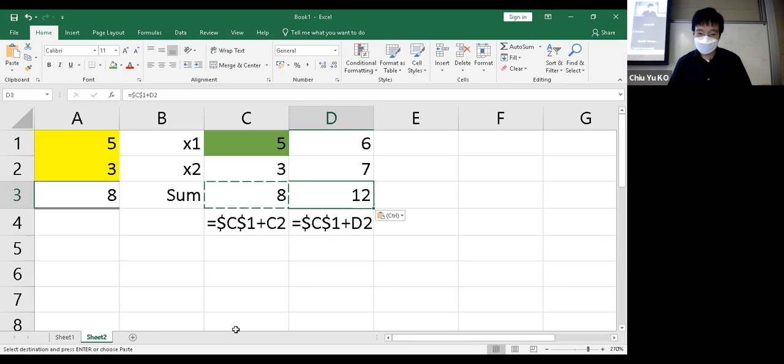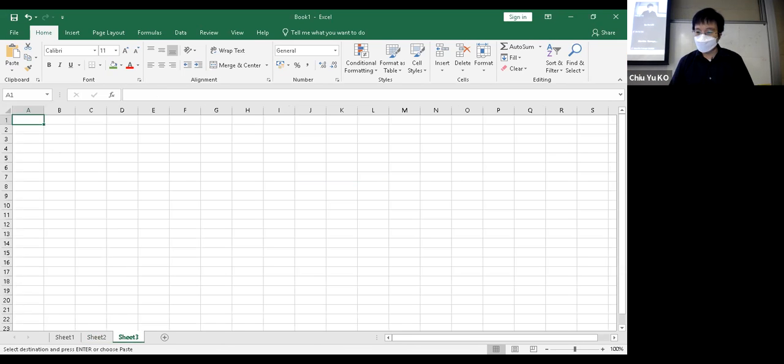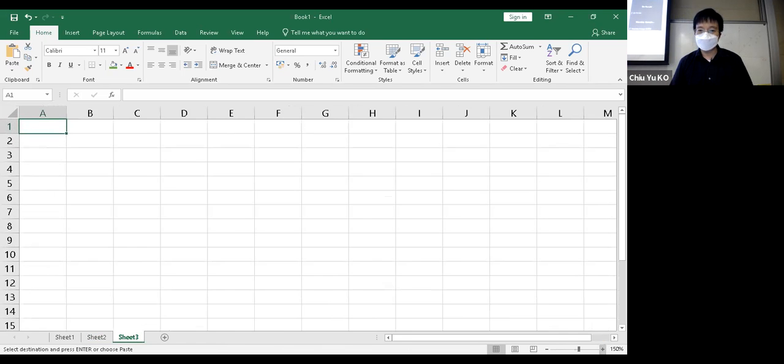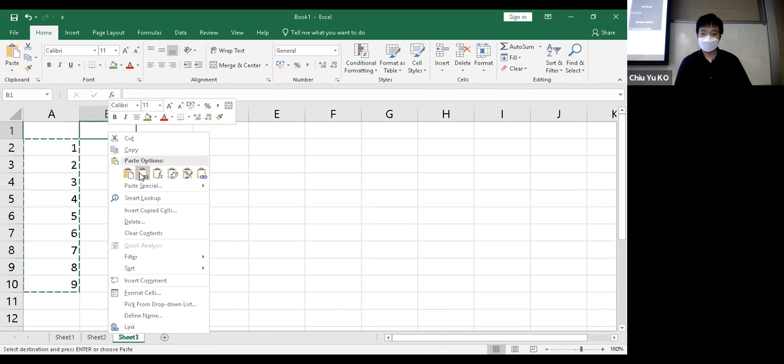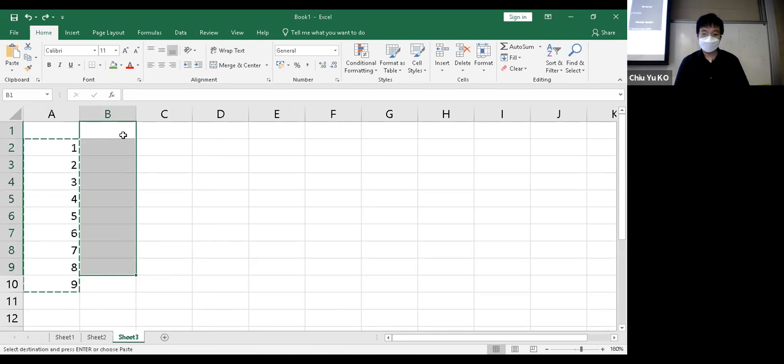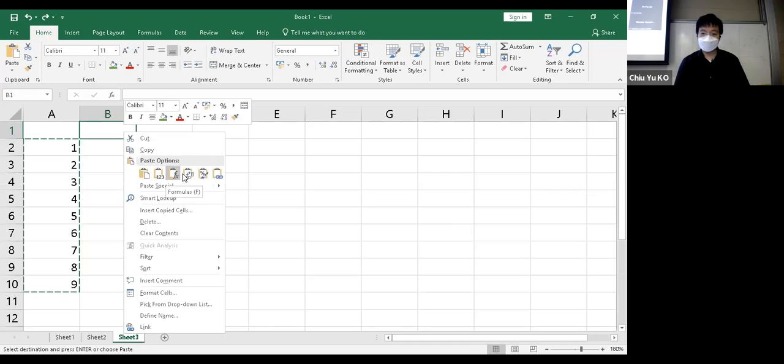As a beginner, let's do a very interesting exercise that I always ask people to do. We want to do a multiplication table. So we want 1, 2, up to 9. Okay, and I copy and rotate.